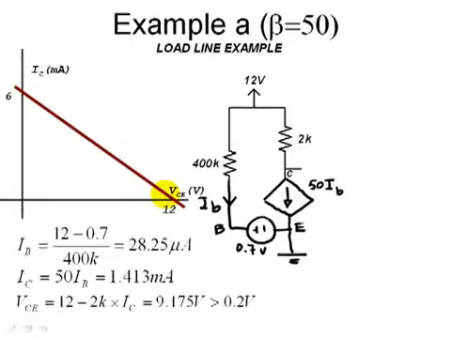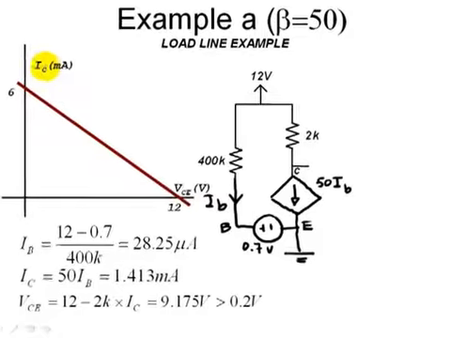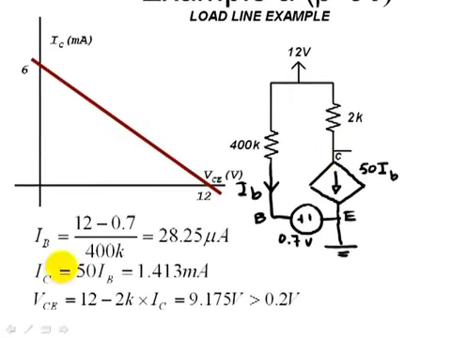On that line, we will identify the Q point, the point of operation of the transistor. But we already know what is the current of the transistor at the Q point. We computed that it's 1.4 milliamps, and we know what is the VCE of the transistor at the Q point. We also computed that before. That is 9.2 volts.